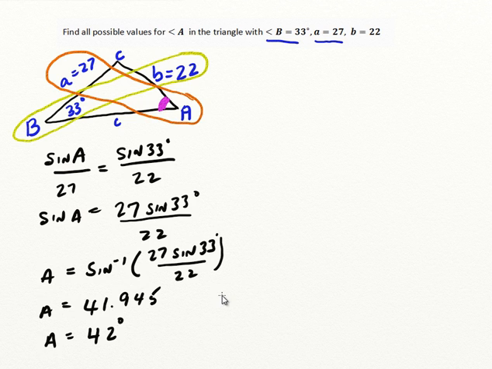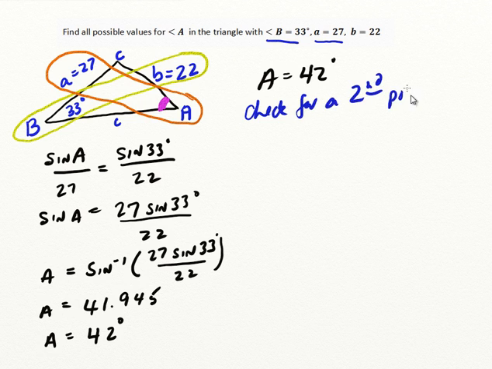Now, in this situation, we need to make sure that there isn't another possible solution. We're going to take angle A, and that's our first solution. And now we're going to check for a second possible solution.